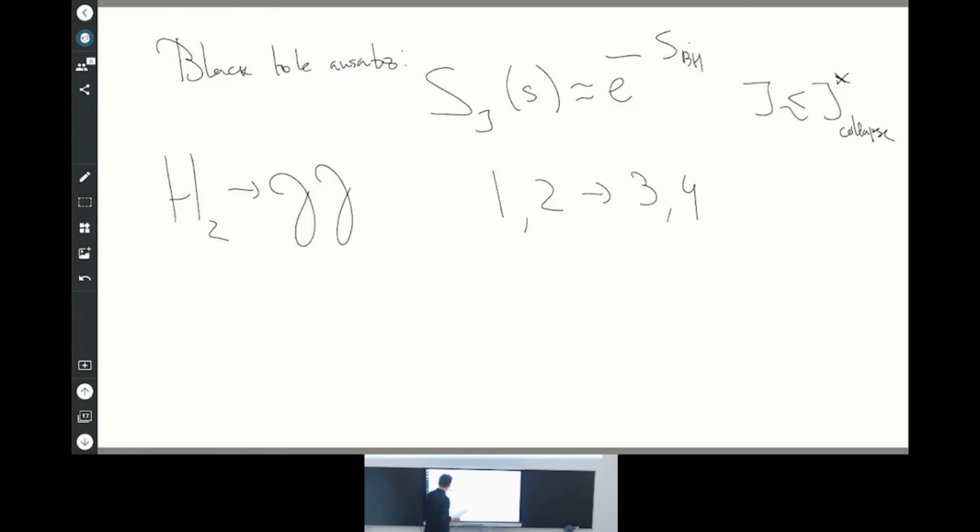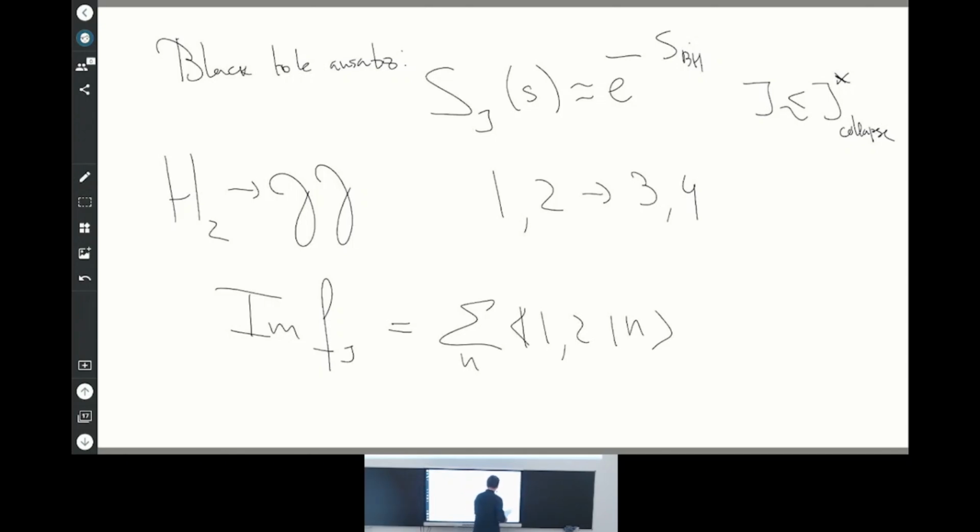Okay, so let me take the imaginary part of Fj and write it using unitarity as 1, 2 going to some n times n going to 3, 4. This is just a unitarity relation for this process. Now, we expect that in such a theory, or in a UV completion where the only intermediate states are black holes, we say, well, let's approximate this intermediate Hilbert space as a state of a black hole.